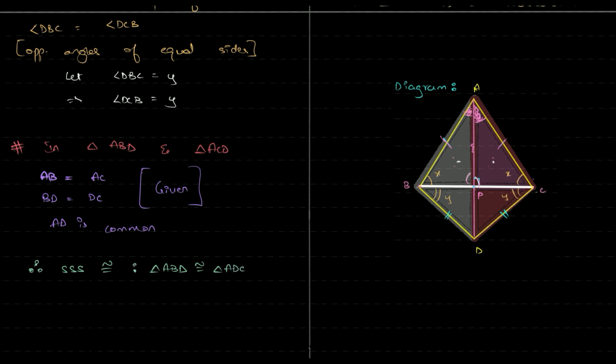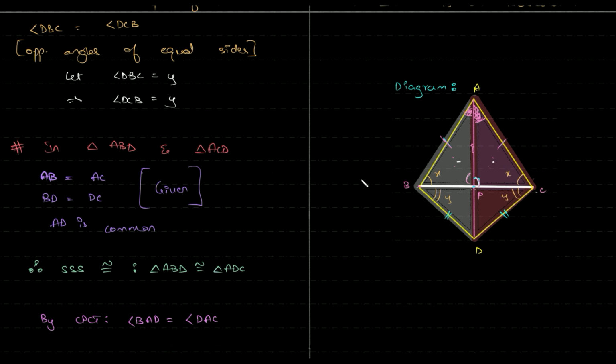Agree? Okay. And with this, by CPCT, we can tell that angle BAD is equal to angle DAC, right?